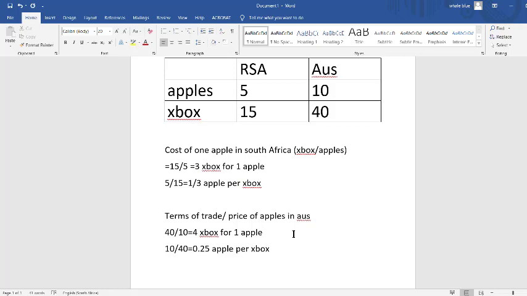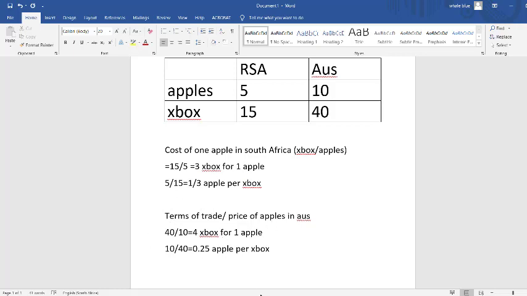So whenever I use an interchangeable term, you need to be able to understand what I'm saying. But I would probably just talk about it in terms of price and terms of trade. Those are the two terms that I will use more often. So that definitely can happen. There can be some form of trade here.